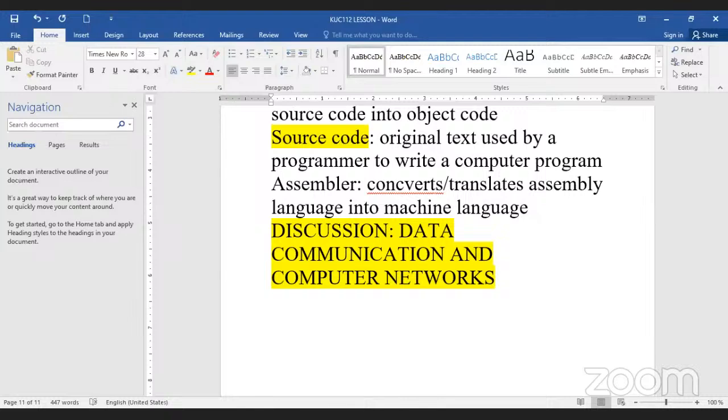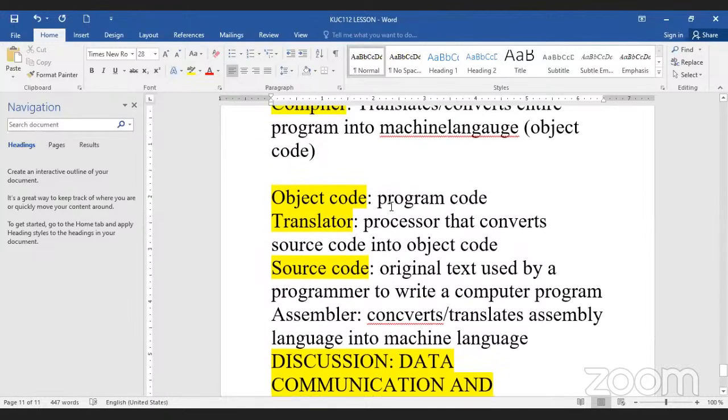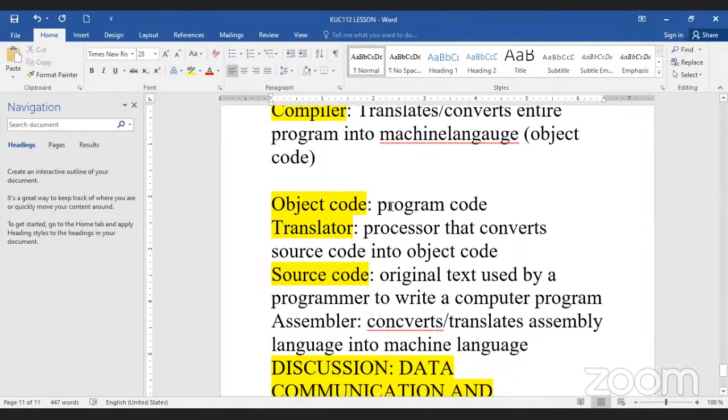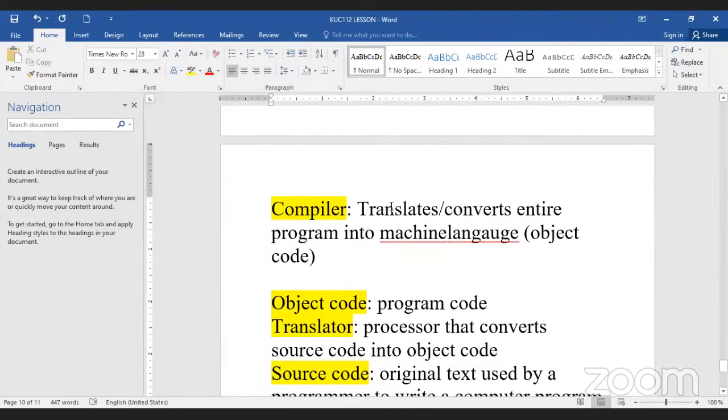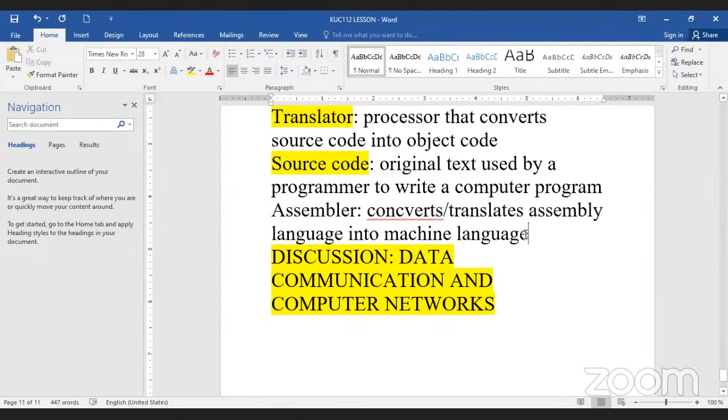And we say that a machine language is the same as what the computer understands.